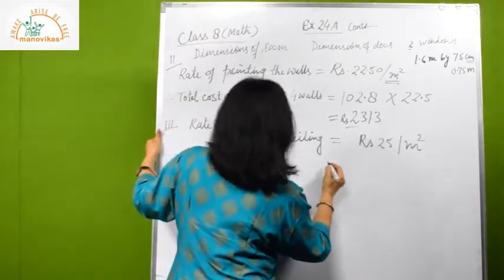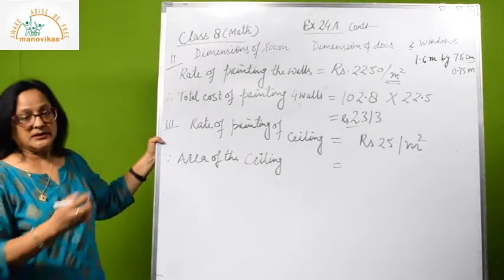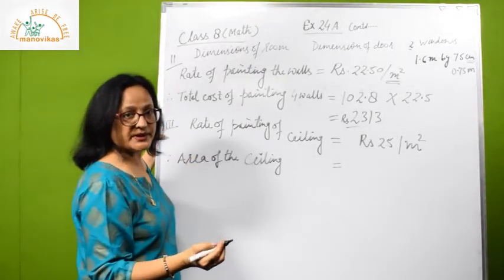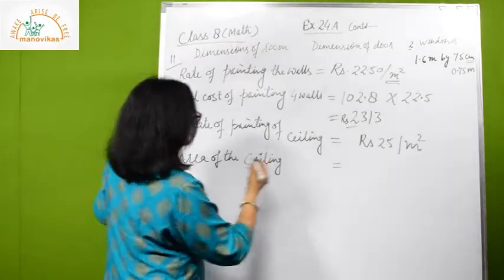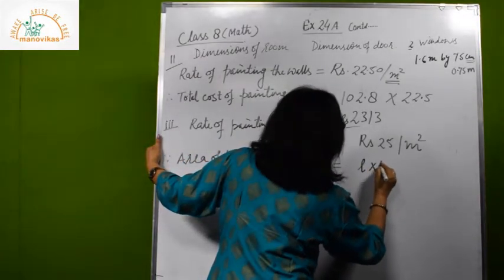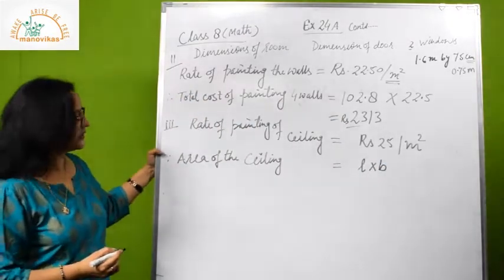So for the area of the ceiling, which 2 dimensions are involved? A floor and ceiling involve length and breadth. That day I had explained to you. So in the ceiling there are 2 dimensions involved, and these dimensions are length and breadth, right?